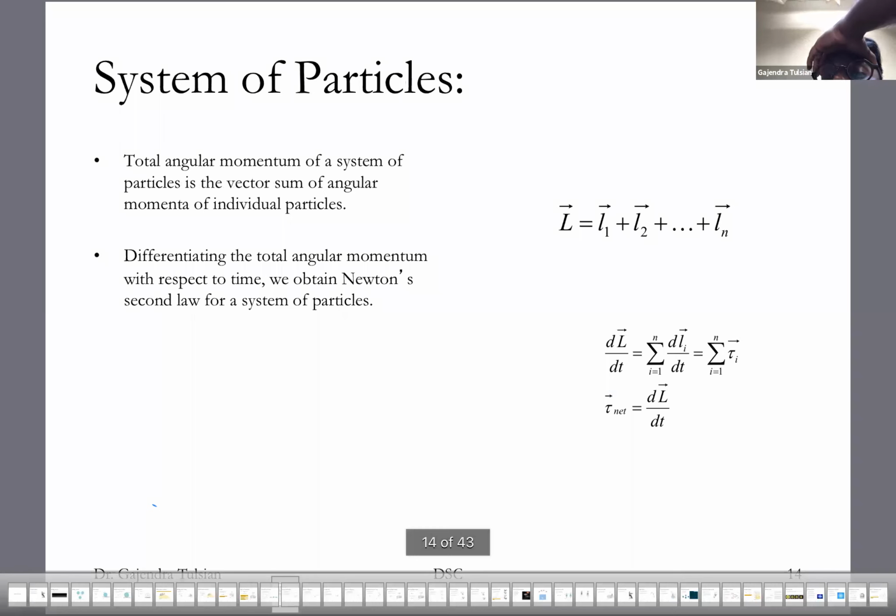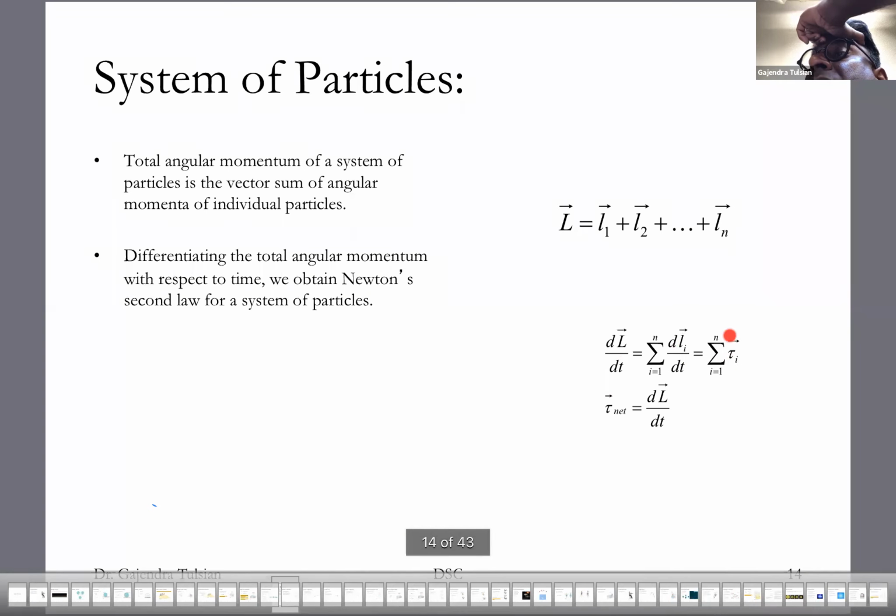Now, if you have a system of particles, the angular momentum of the system is the angular momentum of particle 1 plus the angular momentum of particle 2; it's just the sum of the angular momenta of each particle. And the rate of change of the angular momentum of the system is the rate of change of angular momentum of each particle, and that's the torque acting on each particle, and you just sum them up.